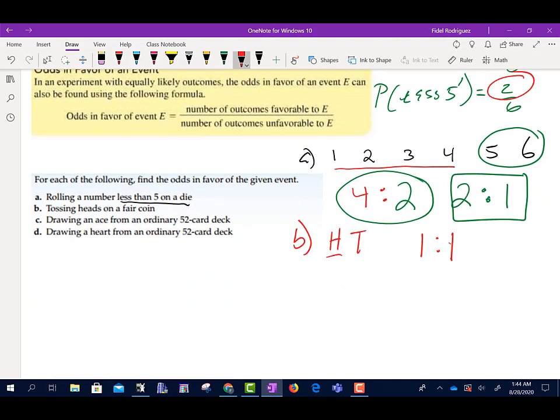Part C says drawing an ace from an ordinary 52 card deck. Remember what a deck of cards looks like: 2, 3, 4, 5, 6, 7, 8, 9, 10, Jack, Queen, King, and Ace. I'm only going to write this once.